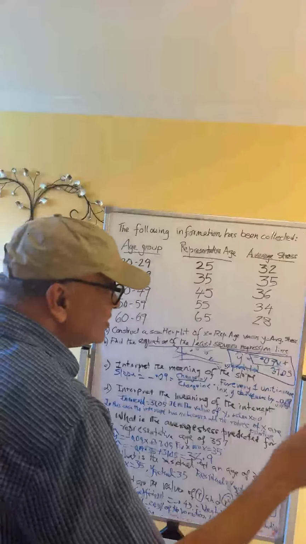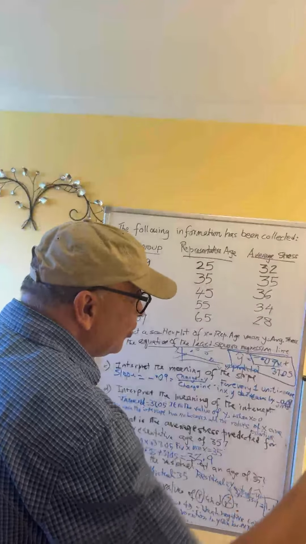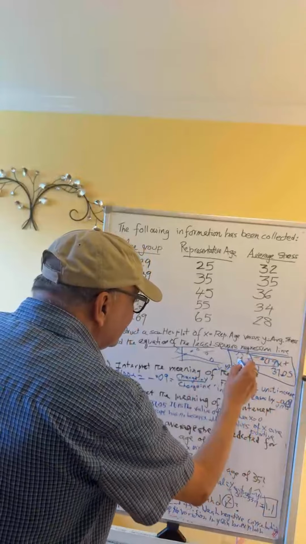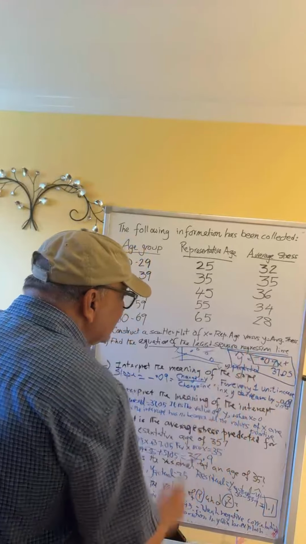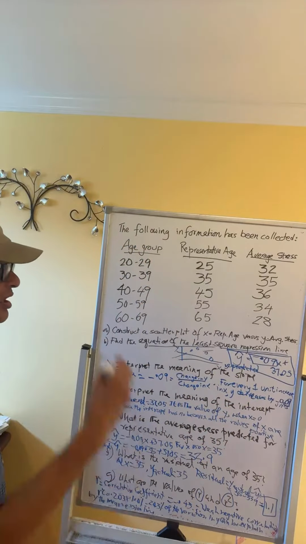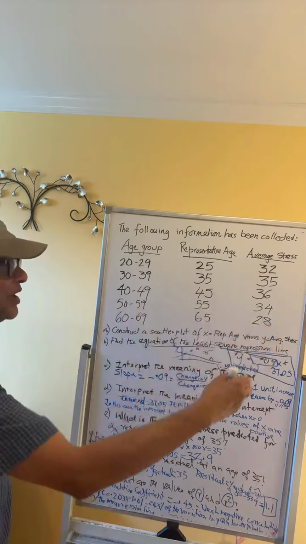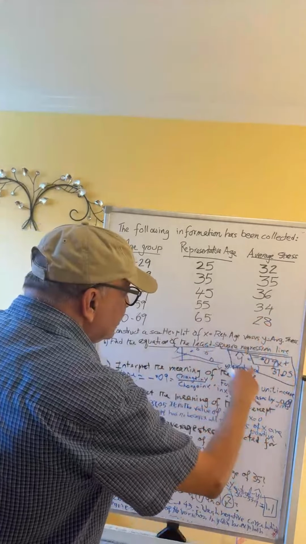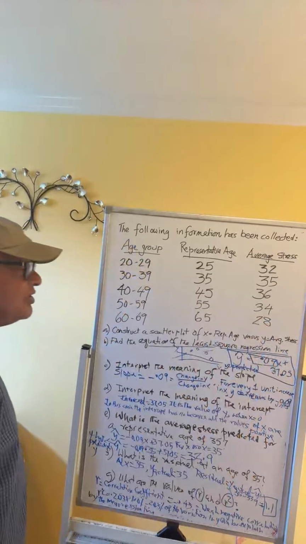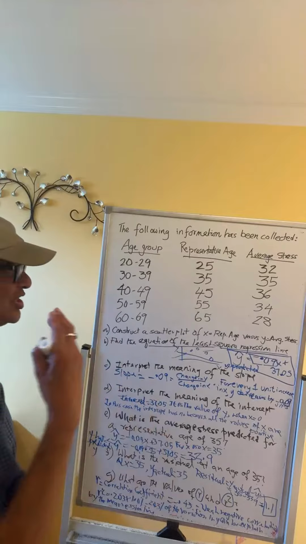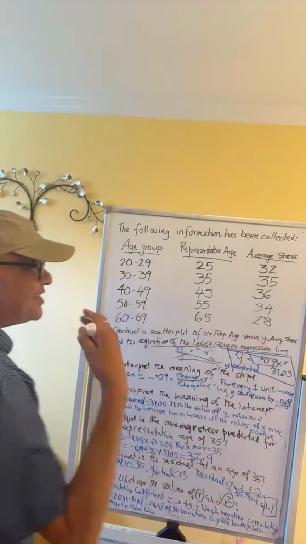For that you do stat calc 4, then go down to calculate and hit enter, and this is the equation. The calculator does not show the y with a hat on top. What is the y hat? It is the predicted y, and it's given by this equation. The coefficient of x is the number in front of x, in this case negative 0.09. That is the slope. What does the slope mean?